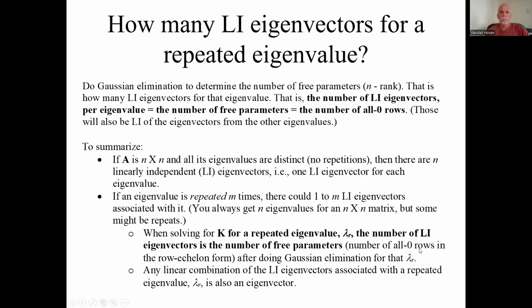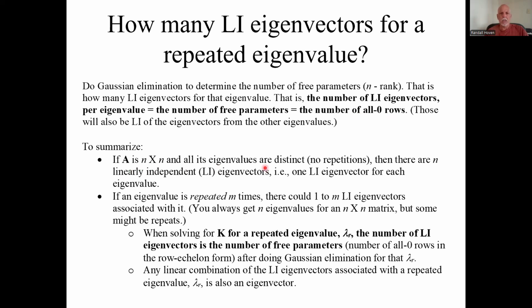I guess this summarizes the rules. How many linearly independent eigenvectors for a repeated eigenvalue? It's the number of free parameters, which is the same as the number of all 0 rows for that repeated eigenvalue.